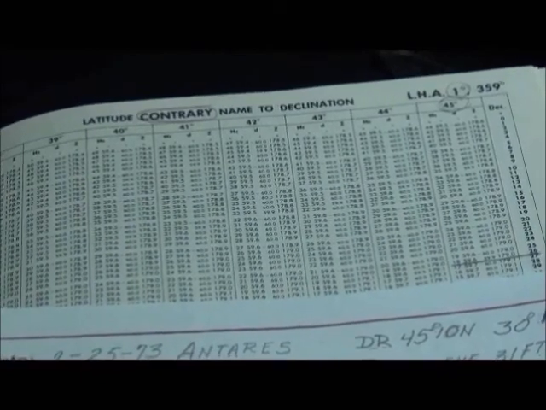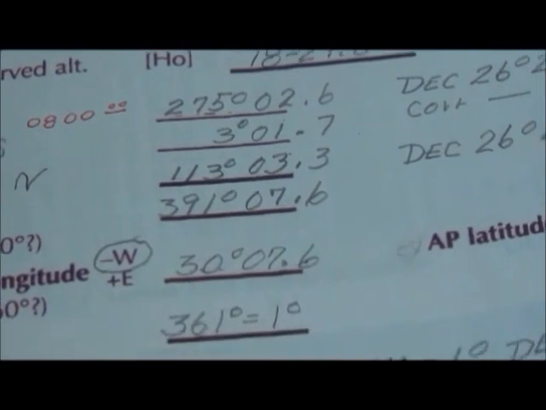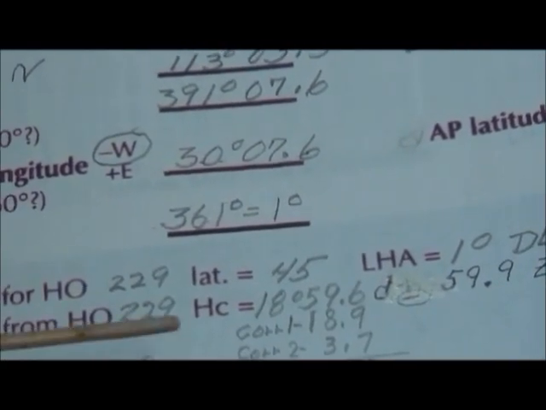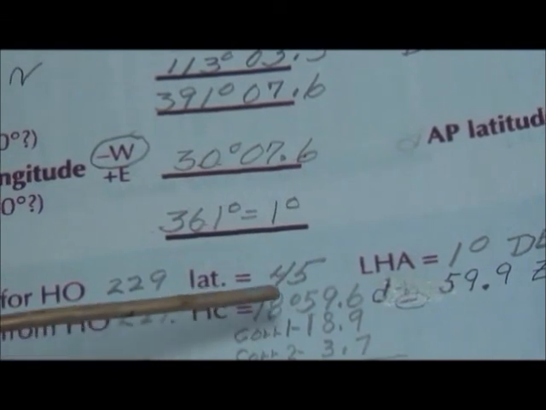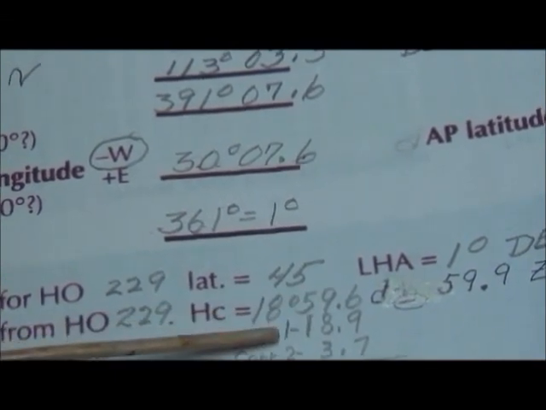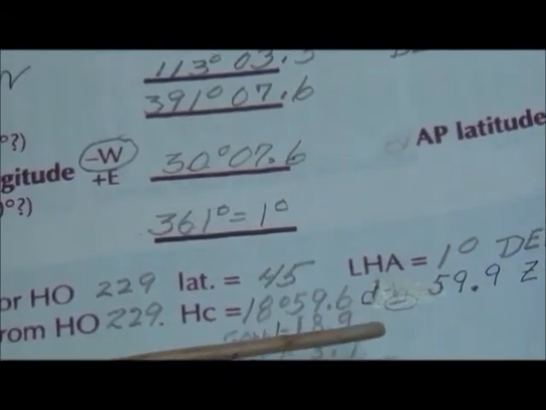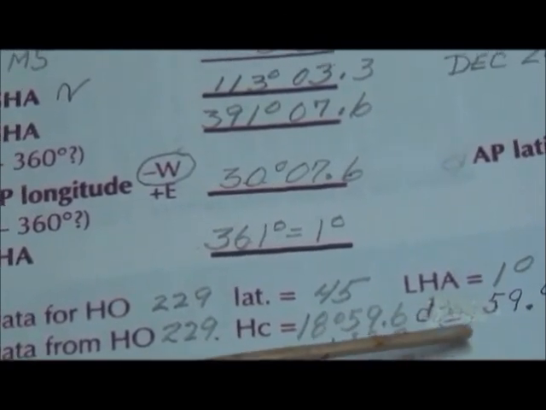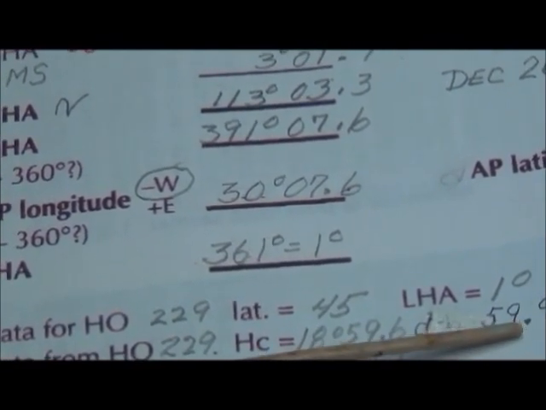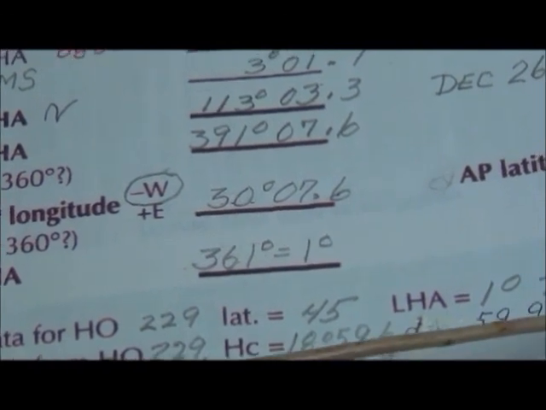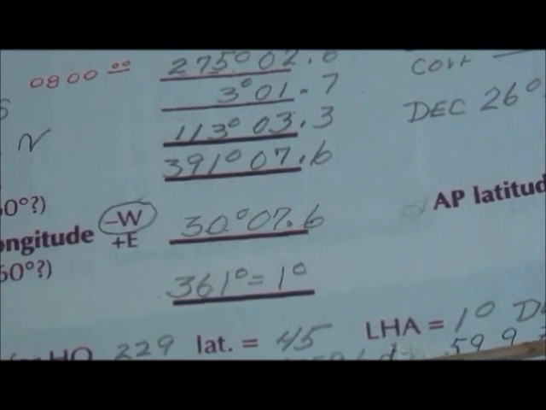From the 22, 29, we've got the information of 1859.6 with a declination correction of a minus 9.9 and an azimuth of 179.